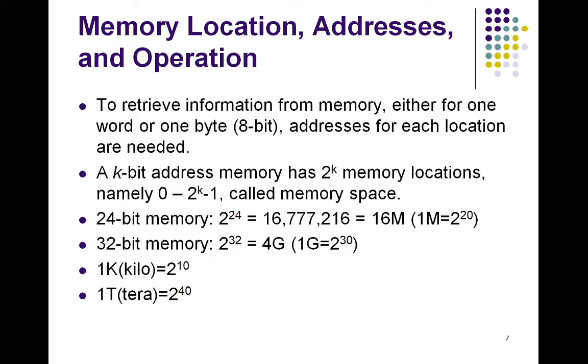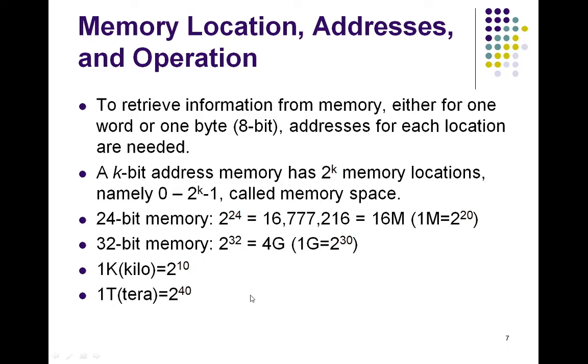The other notational conventions commonly used are K, where K stands for kilo, and kilo means 2 raised to 10. One more notation is capital T, that is tera. Tera means 2 raised to 40. So these are the most commonly used notations: M stands for mega, G stands for giga, K means kilo, and T means tera.